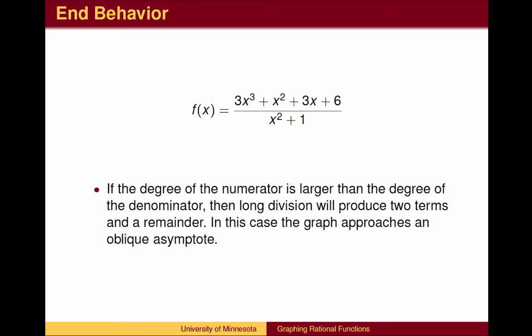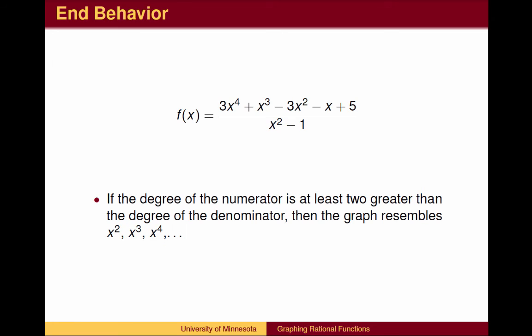The 2 terms will resemble the equation of a line. When x is large, the remainder will be insignificant, and f of x will tend toward the line, which is called an oblique asymptote. Otherwise, the degree of the numerator will be at least 2 greater than the degree of the denominator. In this case, the end behavior will resemble a graph of a power of x.